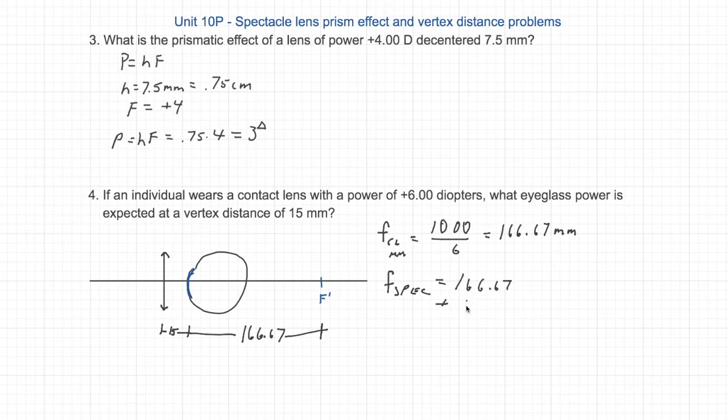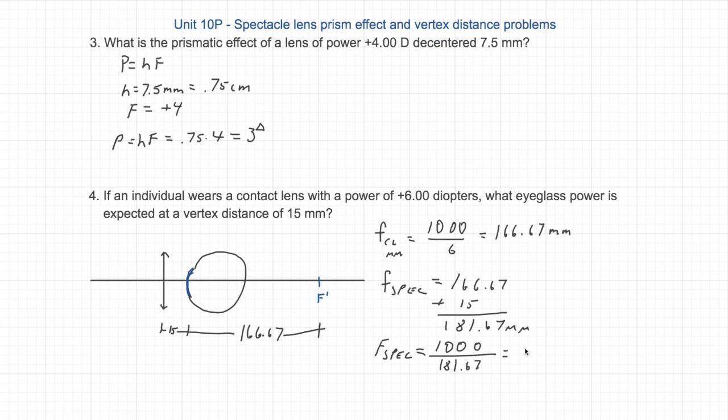And that equals 166.67 plus 15, it equals 181.67 millimeters. So the power of the spectacle lens equals 1,000 over 181.67, and it equals plus 5.5 diopters.